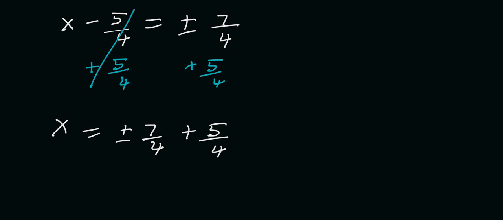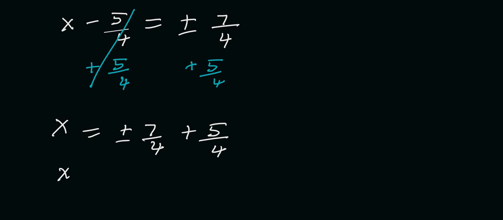Which are two different signs. So we are going to split this into two parts. First of all, taking the positive side of 7 over 4, and then after that, the negative side of 7 over 4.